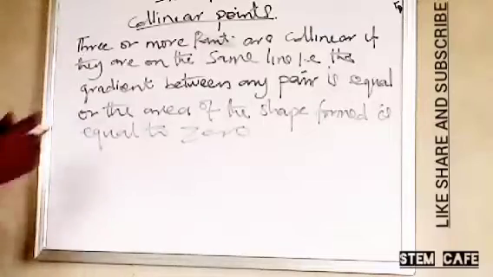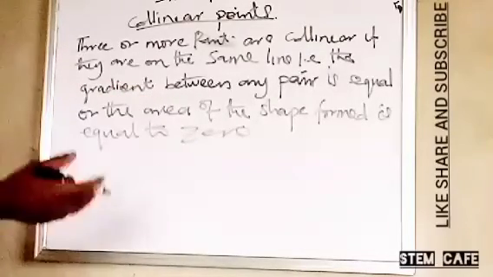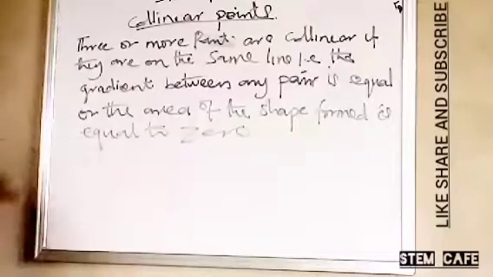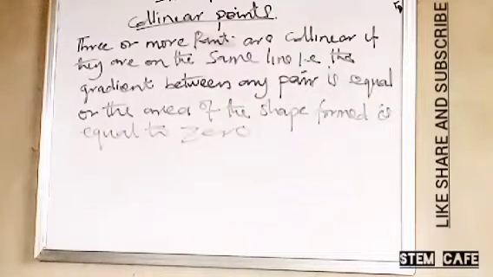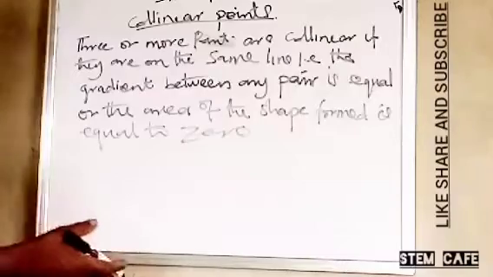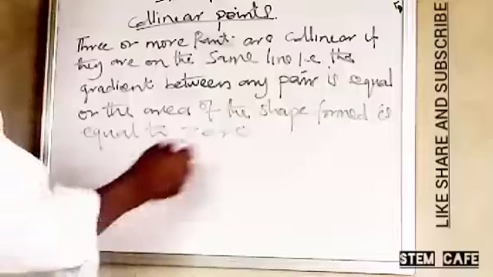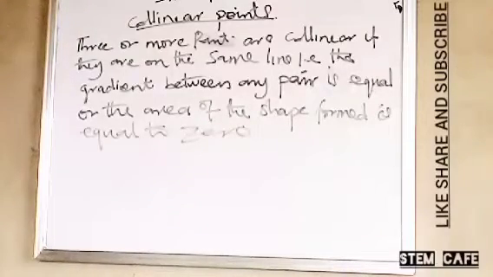We take 2 points, find gradients of these points. If the gradient between any of these 2 points are the same, it means they are collinear. Or if you try to find the area using any formula and the area gives you 0, it means they are collinear.